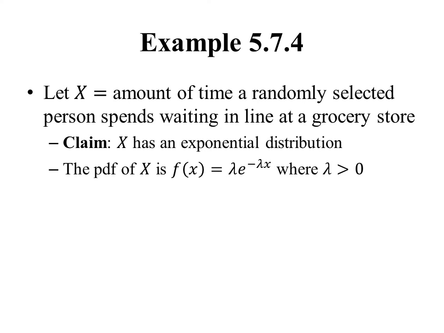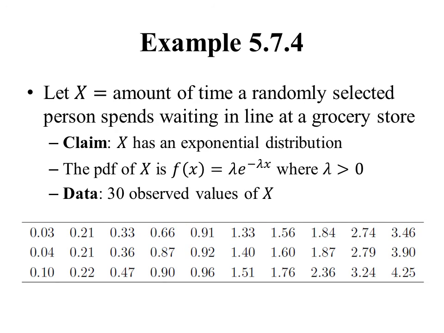At least that's what we're claiming. So in our data, we're going to go out and observe 30 values of x. Why do we do 30? Just because it's a nice round number. And so one person waited a total of 0.03 minutes. The next person waited a total of 0.04 minutes, and so on and so forth. So here's 30 observed values of x.